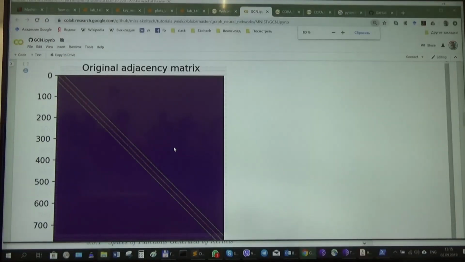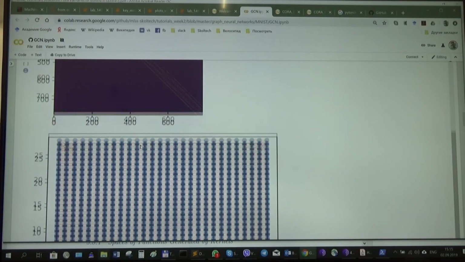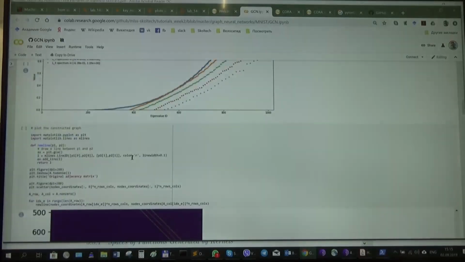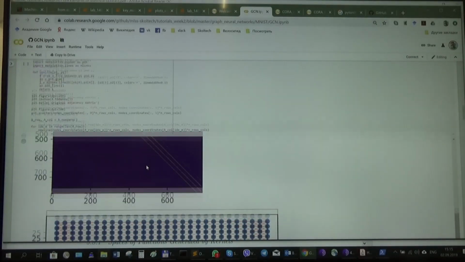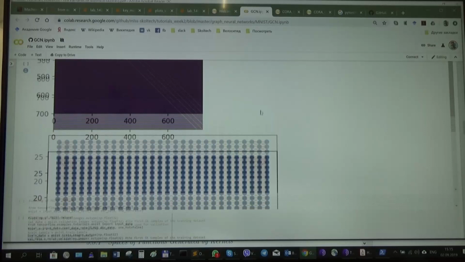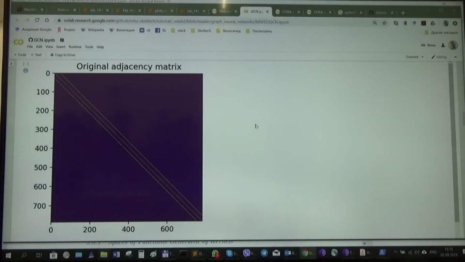By the way, the adjacency matrix of this graph looks like this. Oops, not rendering properly. Yeah. So you can see it's really, really sparse. And in most cases, your graph is going to be really sparse.